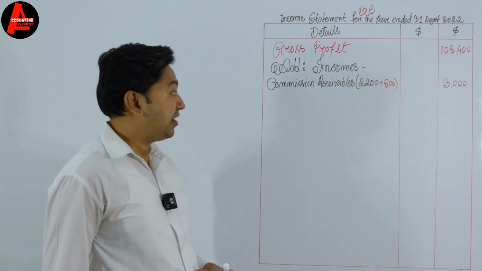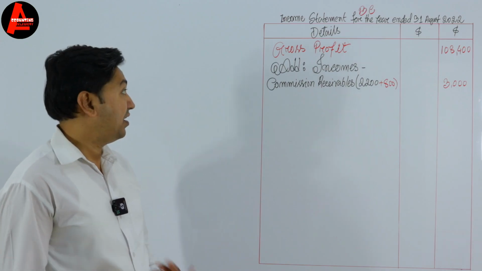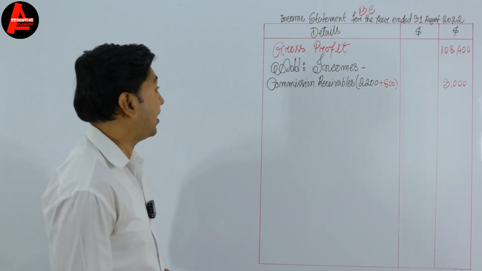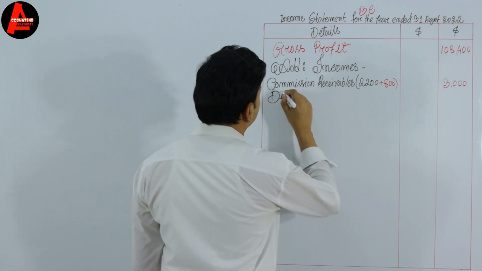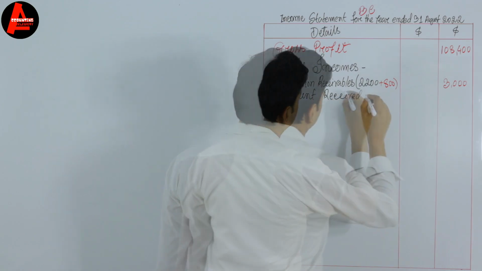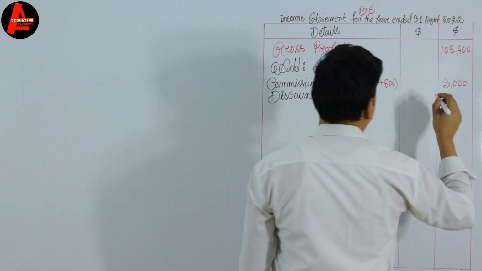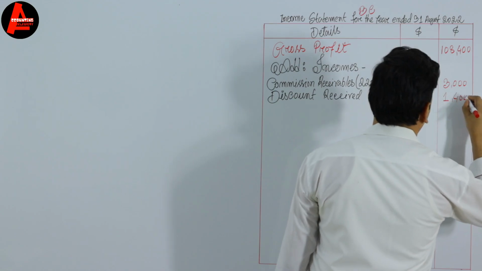Then the next item in the question is discount receipt, which is also an income-related item. So we write discount receipt here, and in the question it is $1,400.